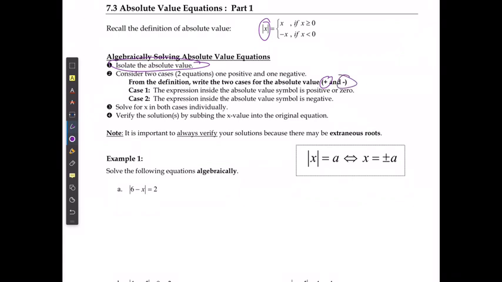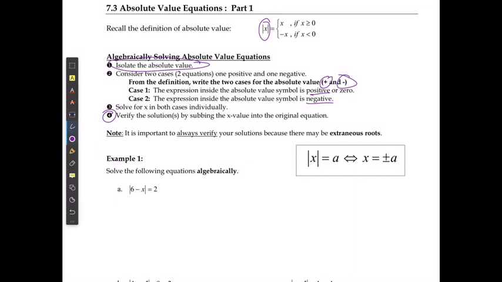So the expression inside the absolute value is positive or 0, or the expression inside is going to be the negative version. So I'm going to split up into case 1 and case 2. Then I'm going to solve for x in both cases individually, and then for part 4, I need to verify that the solutions actually work.